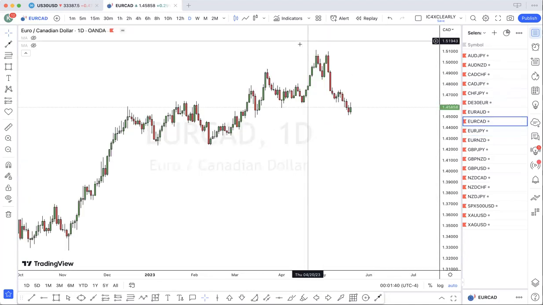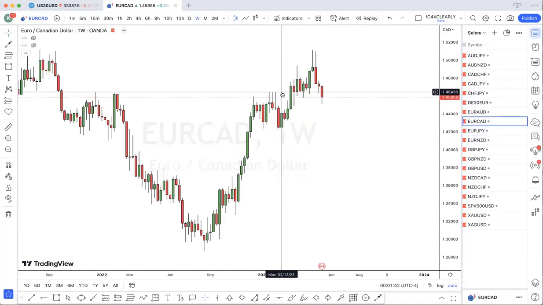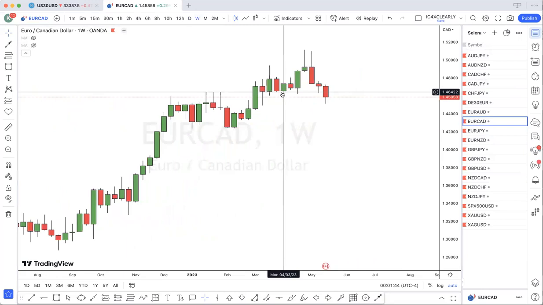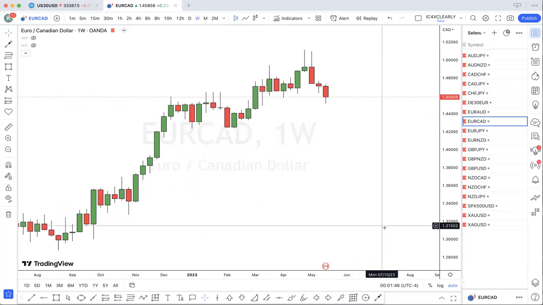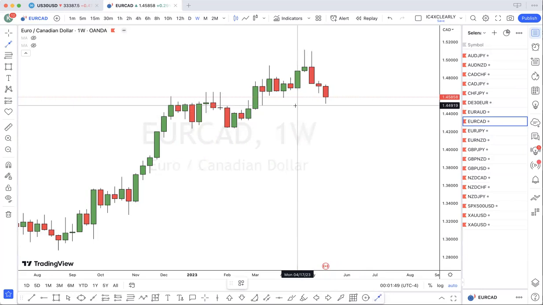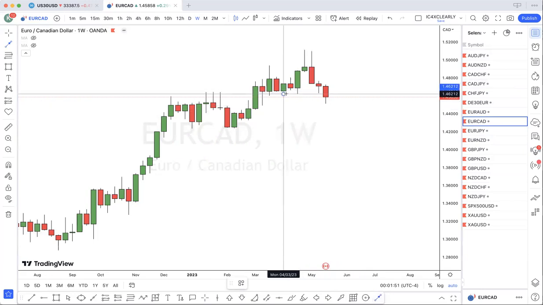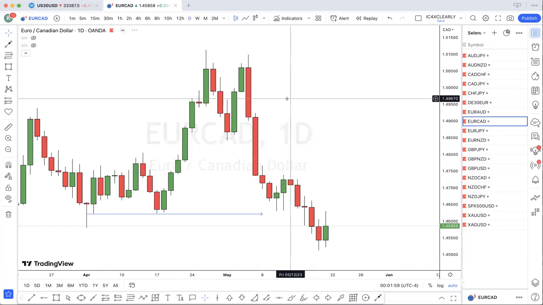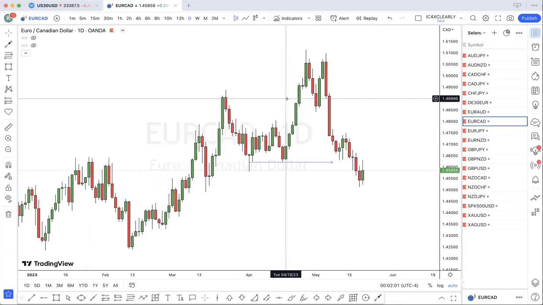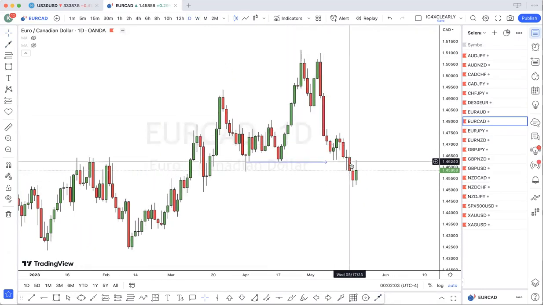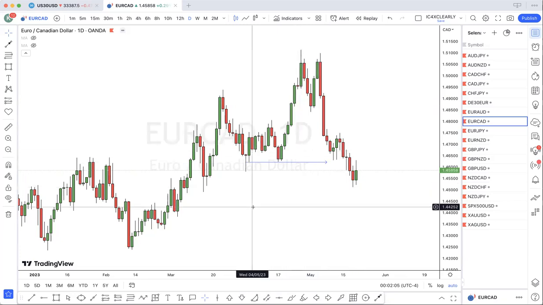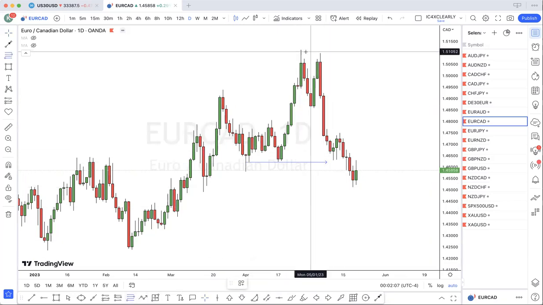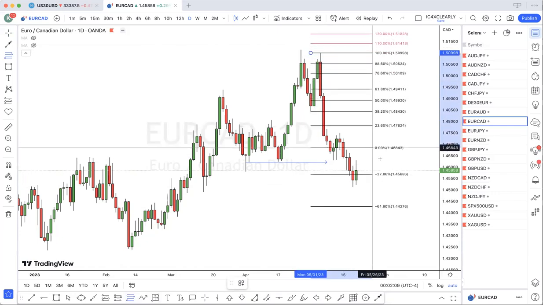Next, we have Euro CAD, which has a weekly order block. So, price broke this low. Okay. Let's go down to the daily. So price broke that low. So let's fib the move.